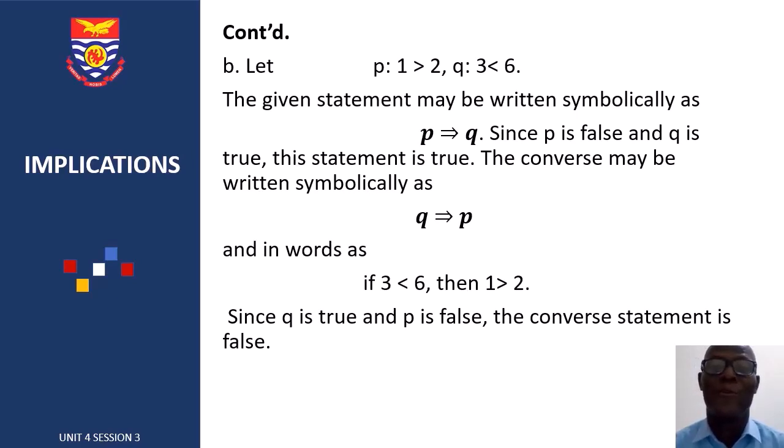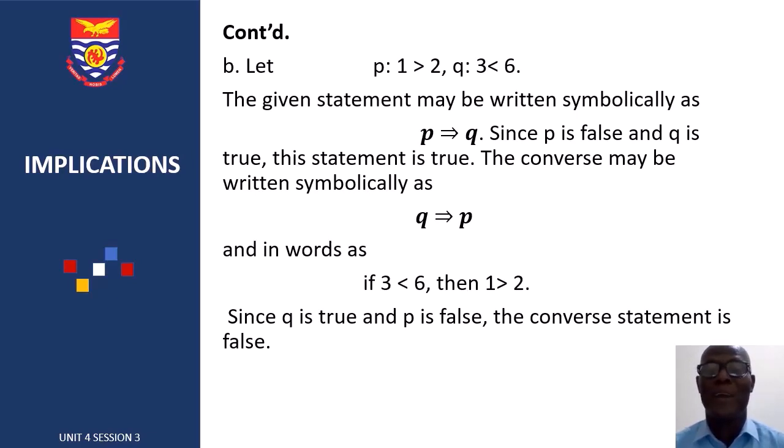In word form, we can write this as if 1 is greater than 2, then 3 is less than 6. Now the converse may be written as Q implies P. That is, if 3 is less than 6, then 1 is greater than 2.